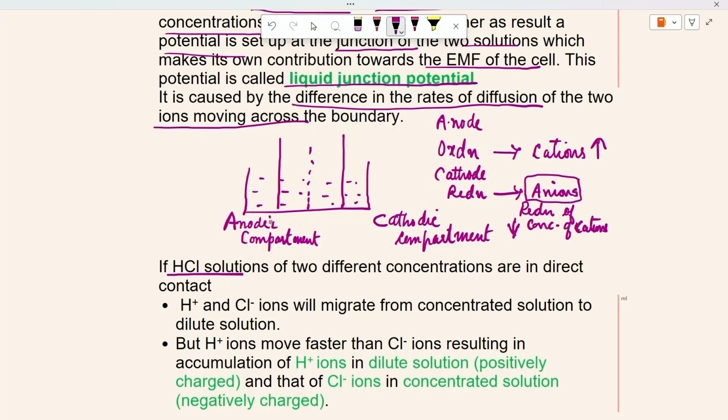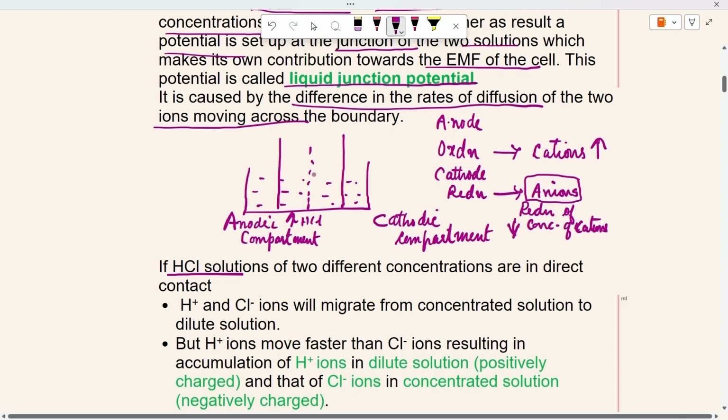Now, remember, these are electrolyte concentration cells where electrolytes are in direct contact. So, suppose HCl has higher concentration on this side, then this HCl has a natural tendency to move from a higher concentrated solution to a lower concentrated solution.